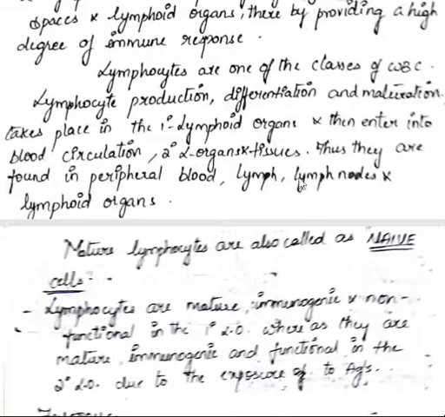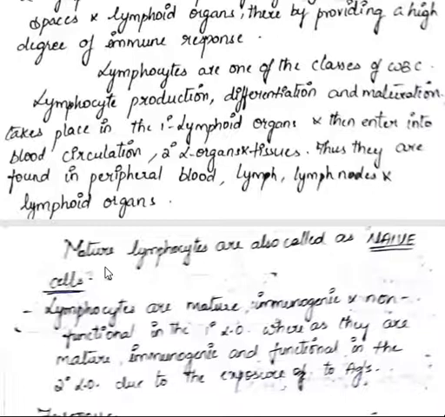We know that all lymph nodes are going to filter lymph, okay, and then the spleen is going to filter blood. So the mature lymphocytes or lymph cells are also going to be called as naive cells. Which cells? Naive cells.